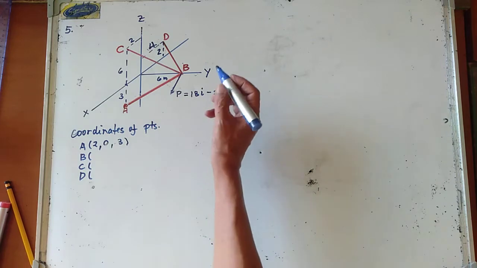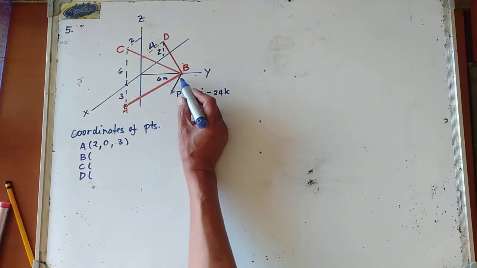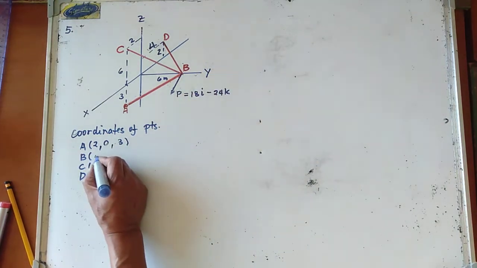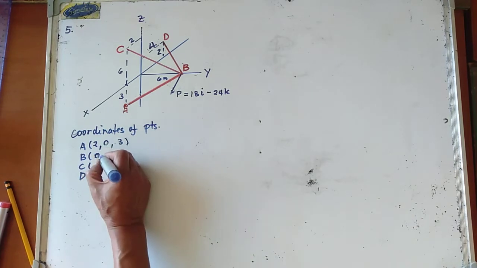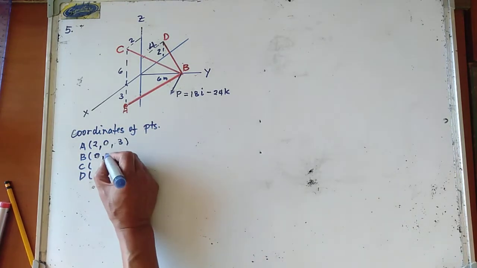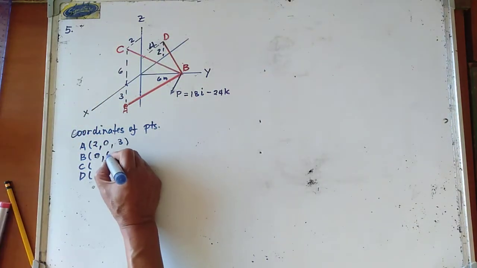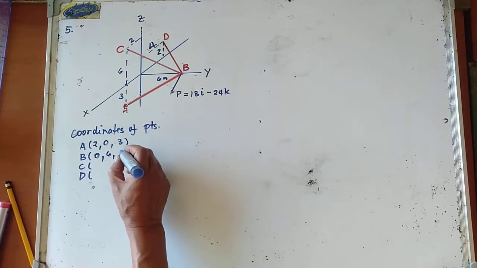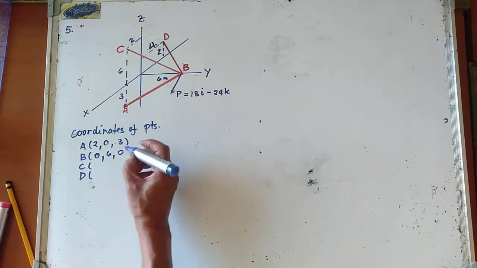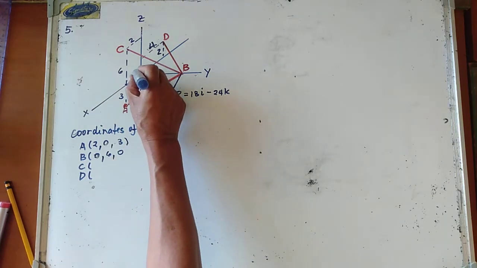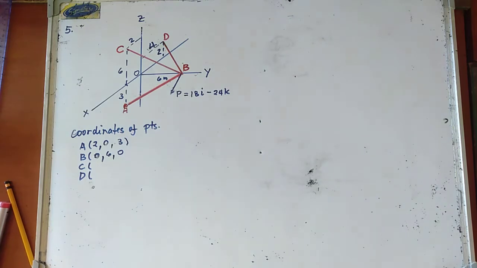And then the coordinates of point B: your x is 0, your y is 6 meters, and your z is 0. So this is the origin of the coordinate axis.